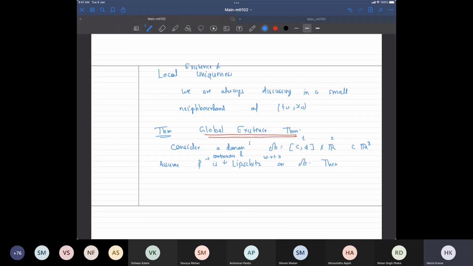Continuous and Lipschitz with respect to x on omega. Then the initial value problem has a unique solution for all t in (c, d).